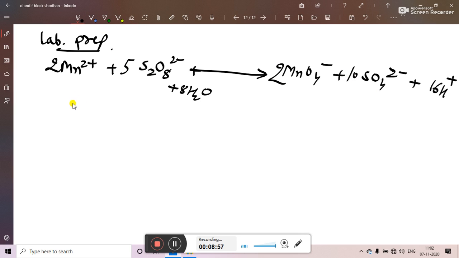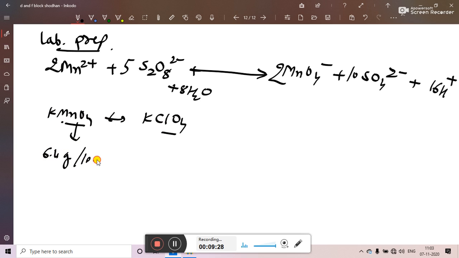Potassium permanganate forms dark purple or almost black colored crystals which are isostructural with those of KClO4. So KMnO4 is isostructural with KClO4, meaning both have a tetrahedral anion. The salt is not very much soluble in water. KMnO4 is just 6.4 gram soluble in 100 gram water at 293 Kelvin temperature.